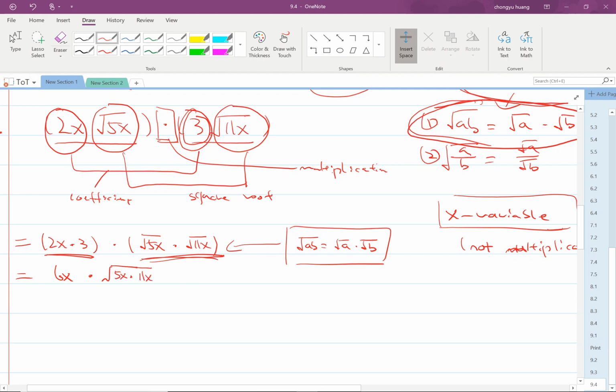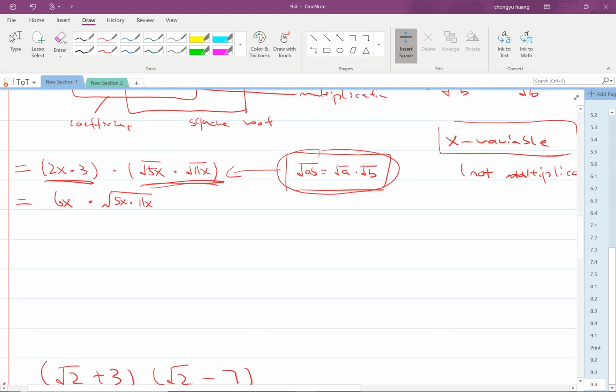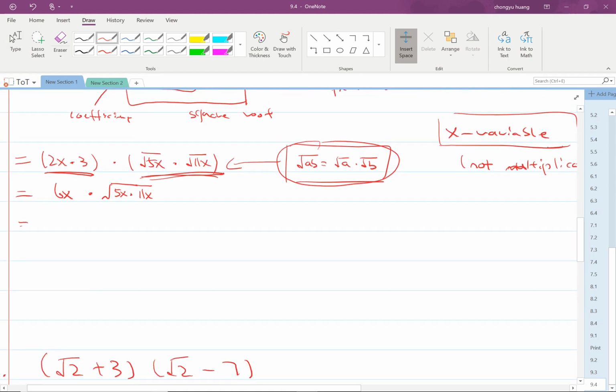That's how the property tells us. Let me move it down a little bit. After that we multiply the same inside the square root. So 5x multiplied by 11x is going to be 55x squared.